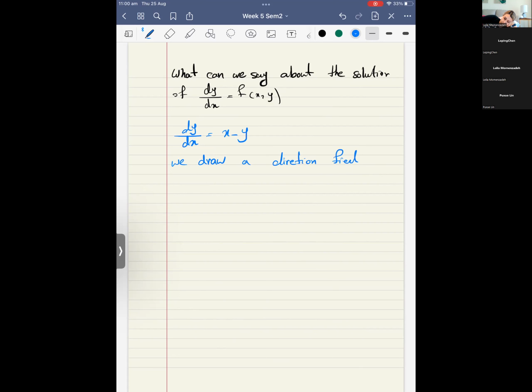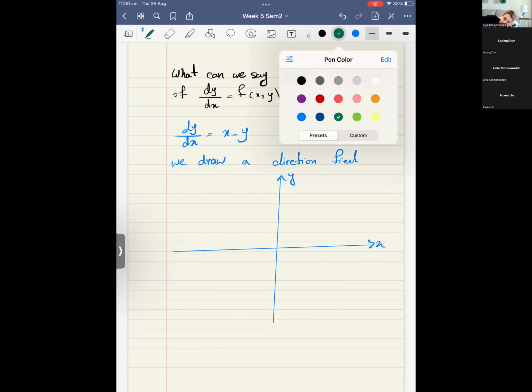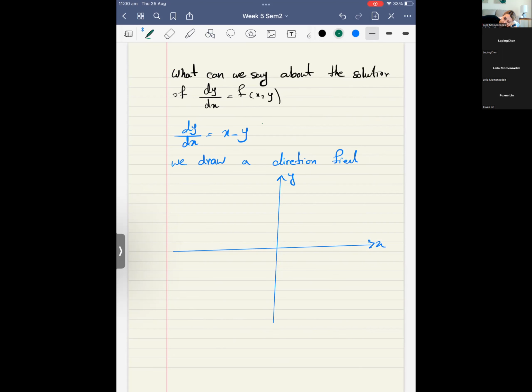Let's see how we can draw a direction field. If you have x here and y, now look at here. If I put x 0, y 0, this slope is 0.